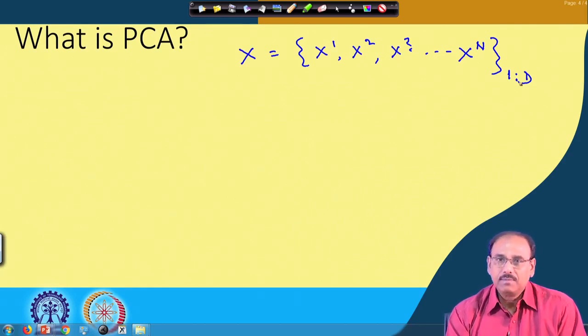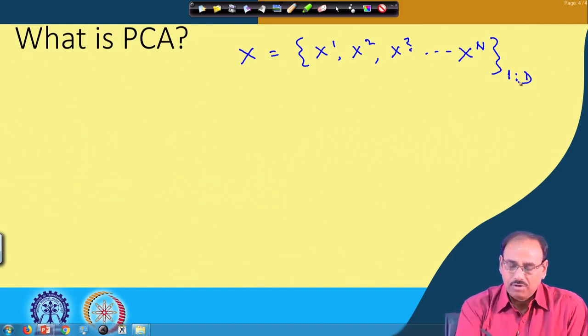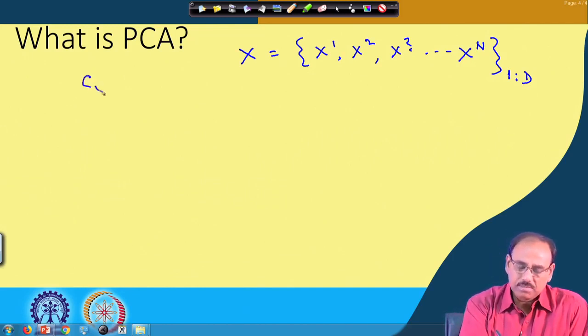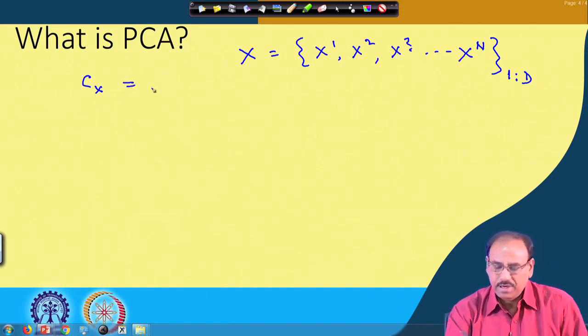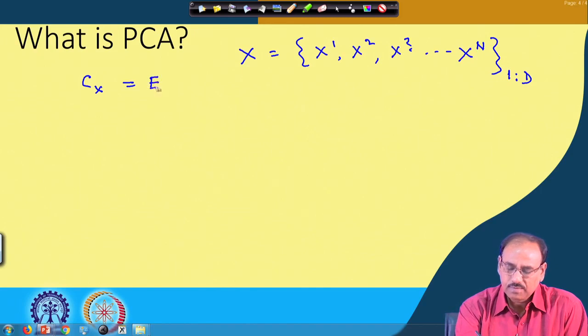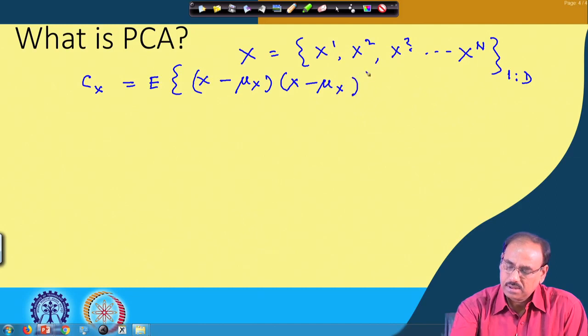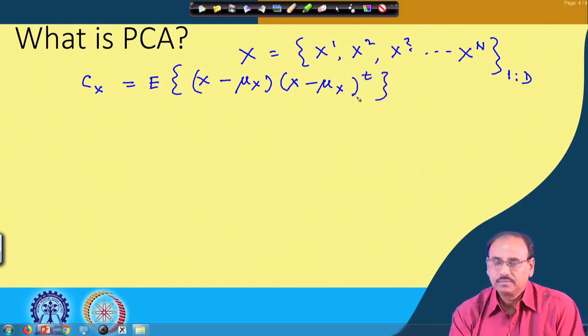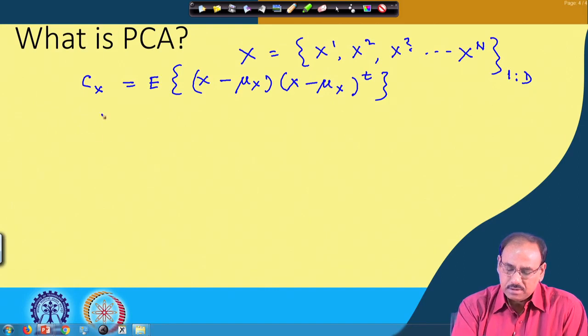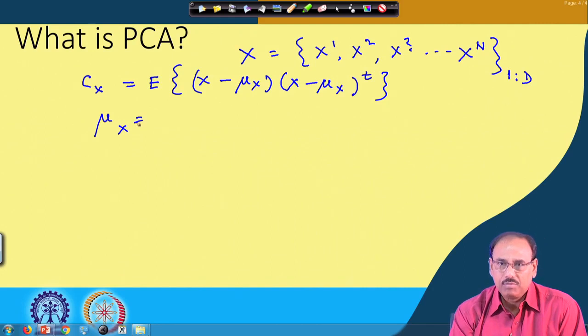Now, once I have such a collection of vectors x, you define the covariance matrix Cx, which is defined as the expectation value of (x minus mu x) into (x minus mu x) transpose. What is mu x? Mu x is nothing but the mean of the input vectors.